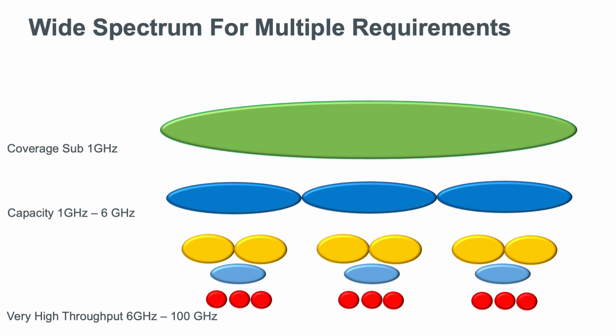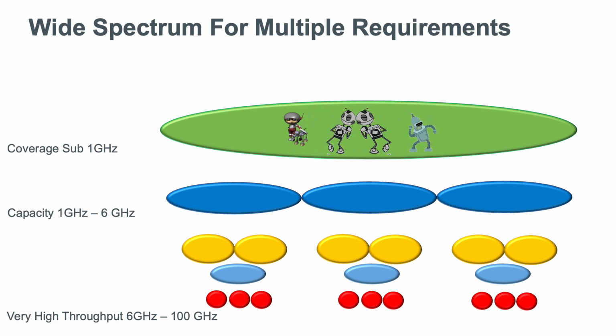Now, I mentioned during this presentation that we're going to support a wide spectrum for basically different requirements, different applications. In the sub 1 gigahertz range, approximately in the 600 megahertz to 1 gigahertz range, we'll most probably see that part of the spectrum used for machine-to-machine communications and Internet of Things types of applications.